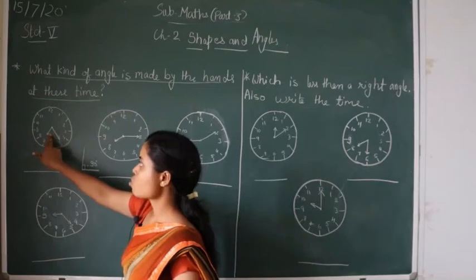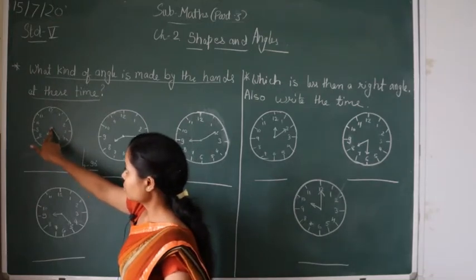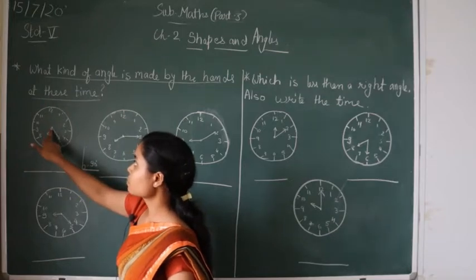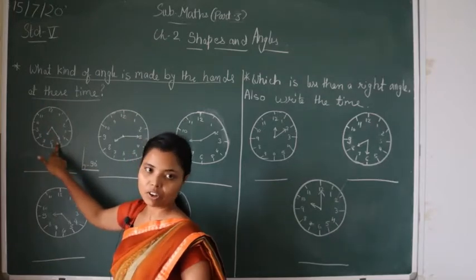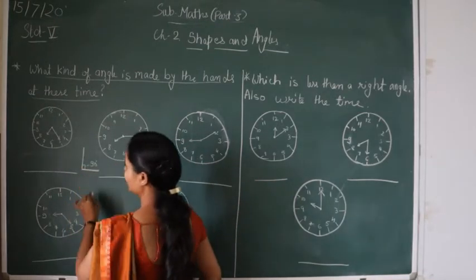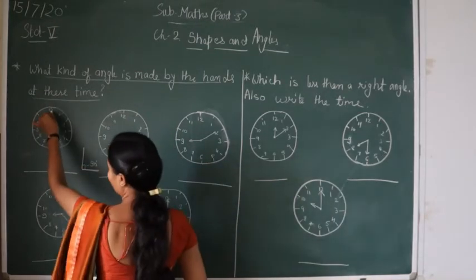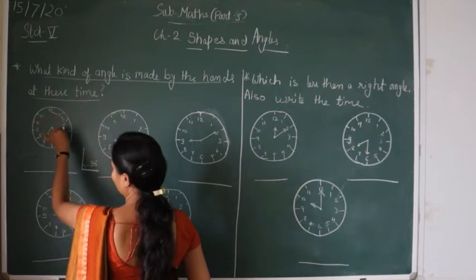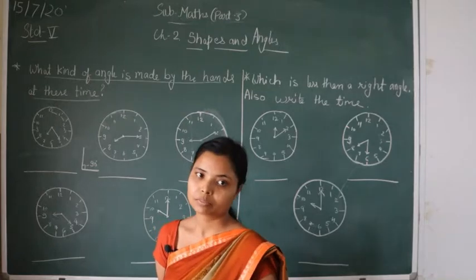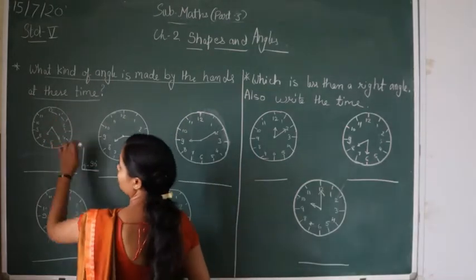Look at this. The short hand is on 7 and the big hand is on 5. If I want to make an L, so 1, 2 and 3. Three quarters we need, or 3 sections we need.